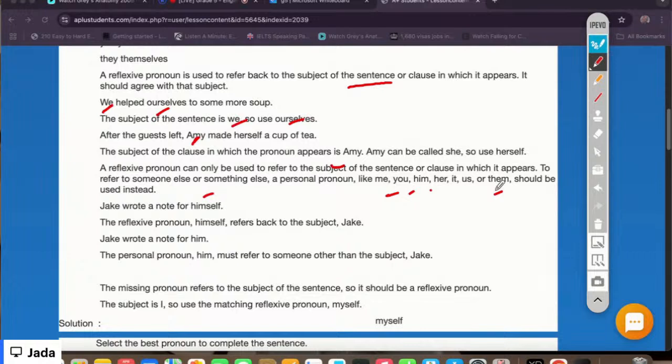Just like Jake wrote a note for himself. Jake could be he, and himself is the most perfect reflexive pronoun for that. But if you say Jake wrote a note for him, the personal pronoun him must refer to someone other than the subject. So it's not referring to Jake as the subject, it's referring to someone else. It could be his friend or anybody.